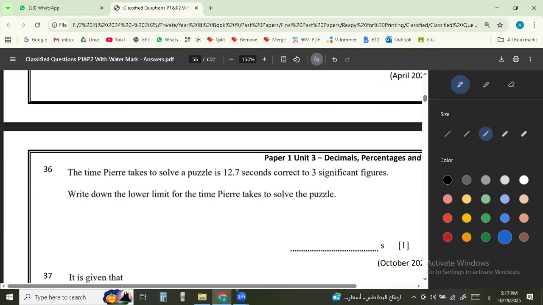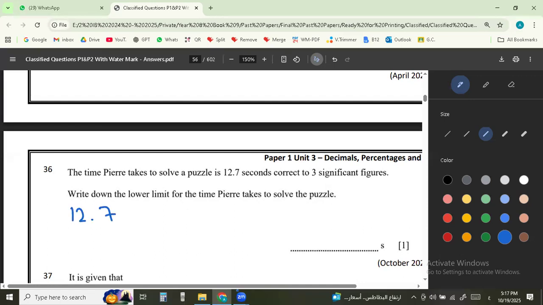The time Pierre takes to solve a puzzle is 12.7 seconds, corrected to 3 significant figures. That's it. Write down the lower limit. Okay, Mister, this is rounded to the nearest tenth, right? Yes. So I add or subtract 0.05.